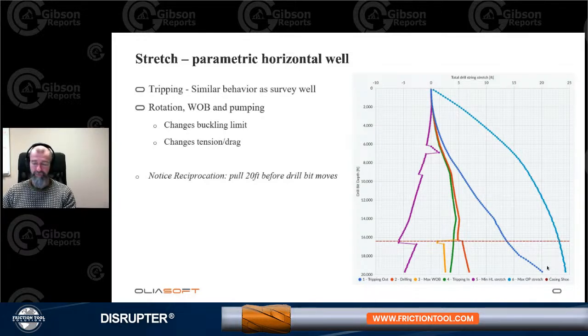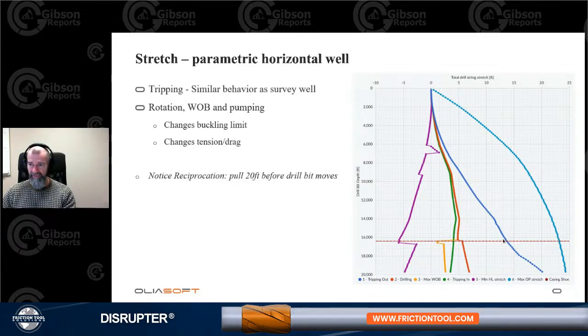If you want to reciprocate while doing this pumping operation, then you should probably move the drill string more than 20 feet if you want to have some movement down by the drill bit. So in that sense, this is quite an important parameter to take into consideration.